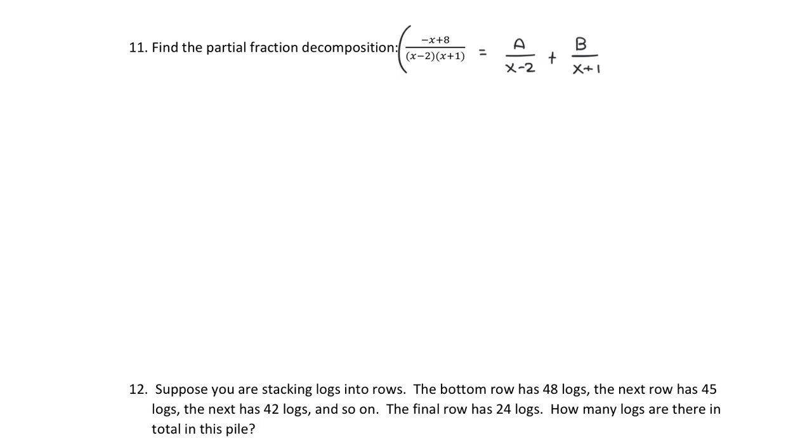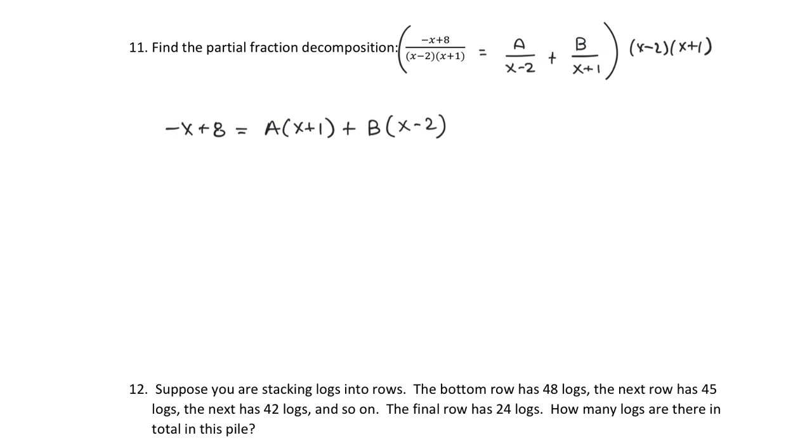Now, if we multiply both sides by the lowest common denominator, but now we need to solve for a and b, but we only have one equation. So remember, we need to cancel a to solve for b, and then to solve for a, we need to cancel b. So let's cancel a by multiplying it by 0. So if x is -1, that's going to be a 0 right here.